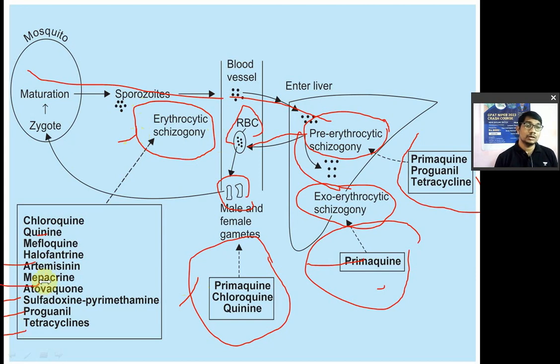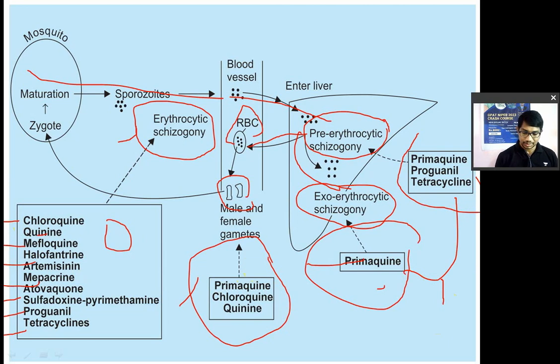These drugs are known as true prophylactics. They are used for the prevention of malaria. Drugs which kill the sporozoites and merozoites in both pre-erythrocytic as well as exoerythrocytic schizogony are known as radical curative. And drugs which kill the gametes in the blood are known as primary tissue schizonticides.